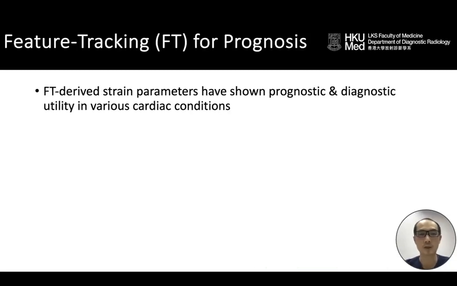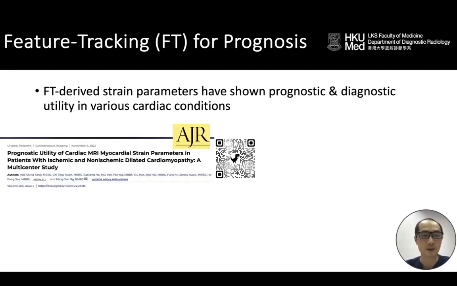So feature tracking strain parameters have shown prognostic and diagnostic utility in various cardiac conditions already. Now, just because it's quite long to keep saying feature tracking, I'm going to call it FT. So CMR-FT has been shown to be prognostically useful in ischemic and non-ischemic dilated cardiomyopathy in a previous publication by our group published in the same journal.